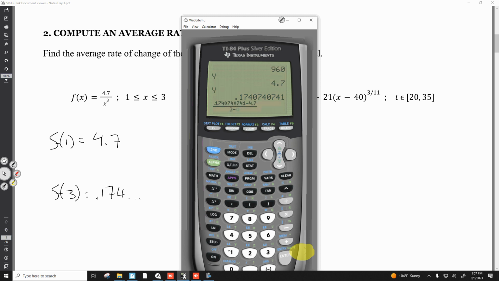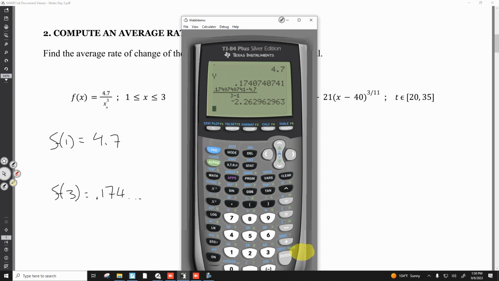I can do this without having to write down the entire decimal. It's a way for your calculator to easily do that. I just calculated the slope. We're all comfortable calculating slope, right? You can find this value obviously by plugging in 1 here, by plugging in 3 here. This is a different way.